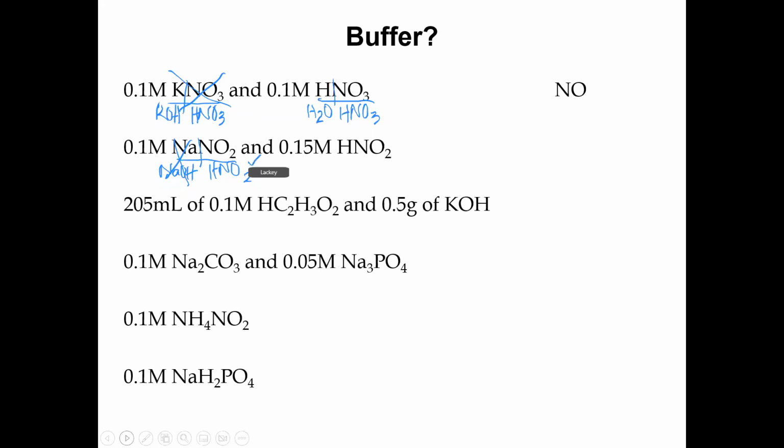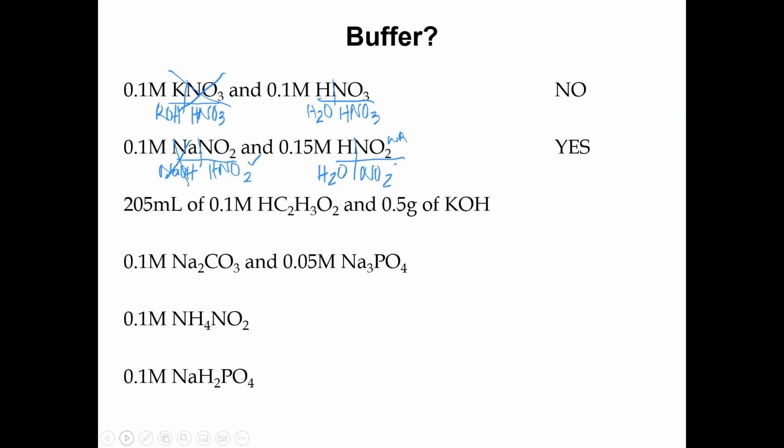So that can be considered a base, whereas the nitrous acid is a weak acid. So remember, it can react to make water with hydroxide, leaving behind the nitrite ion. So this has a weak acid and its conjugate base, so that can act as a buffer.